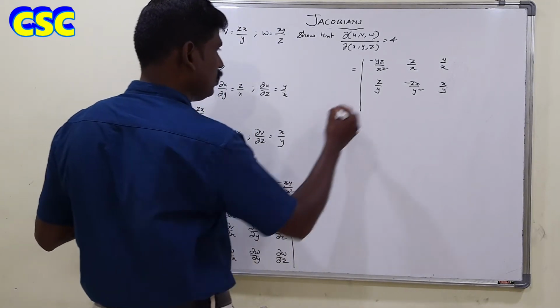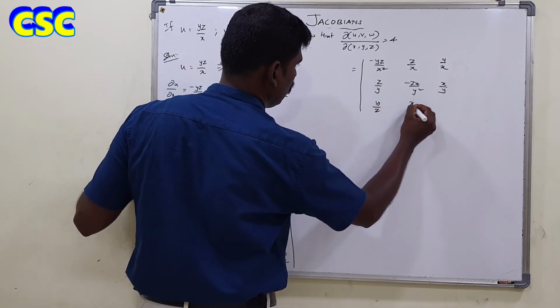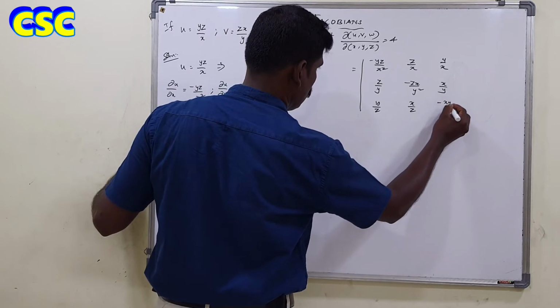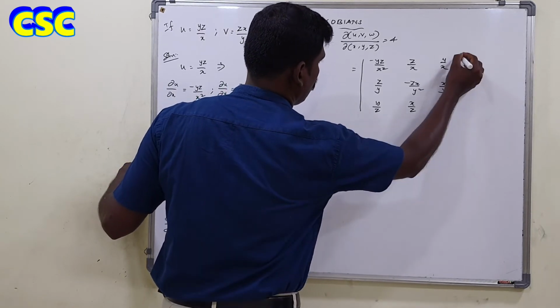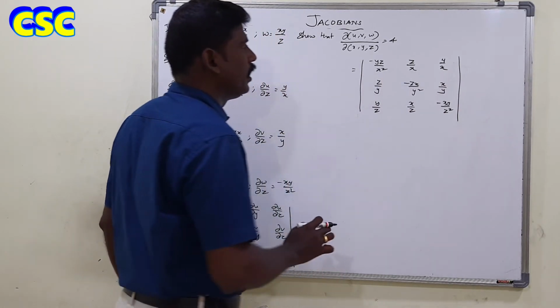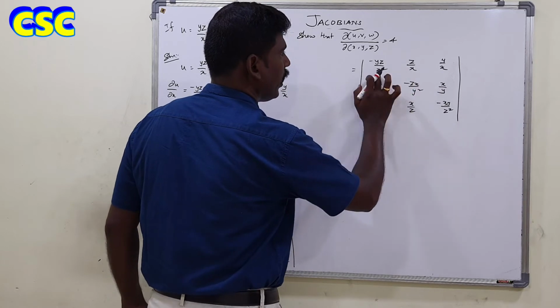The last one is y by z, x by z, and minus xy by z square, right? So look at the denominator in the first row. This is first row, second row, and third row. So x square is here.